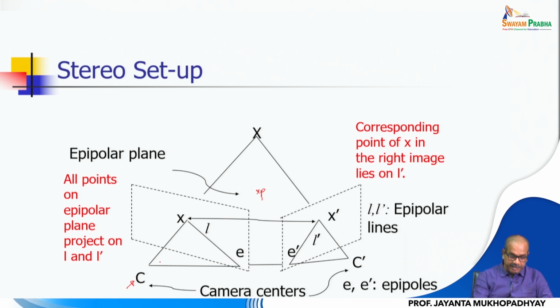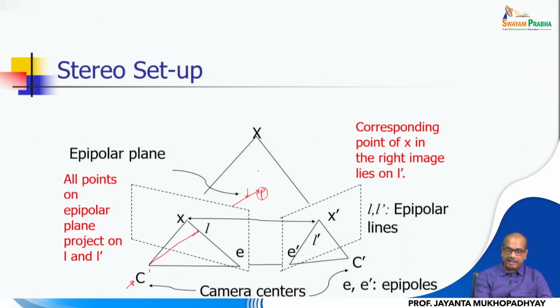Now the image of that point would again be a point, the point of intersection of the line drawn from the center to this point P. And since this point P is lying in the epipolar plane and C is also lying in the epipolar plane, this straight line also lies on that same epipolar plane, which means it will intersect L. So the image of P will also lie on the epipolar line.